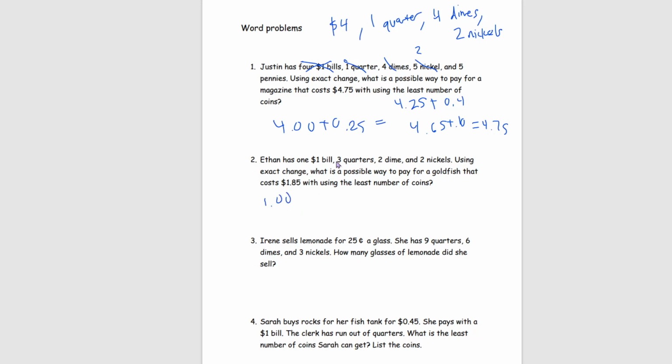Then we use 3 quarters, which is plus 0.75, which gets us to $1.75. We're just off 10, so we can use one more dime, plus 0.10, which equals $1.85, which is enough to buy the goldfish. So we use one $1 bill, 3 quarters, and 1 dime.